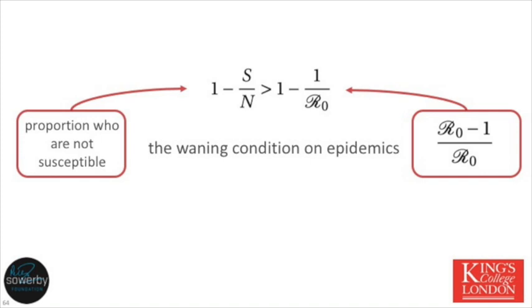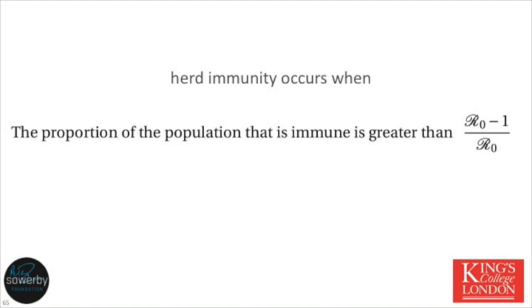So we can rewrite the waning rule as saying that there is herd immunity when the proportion of the population that is immune is greater than (R0 minus 1) over R0. This value, (R0 minus 1) over R0, is often referred to as the threshold for herd immunity, and it's expressed as a percentage.